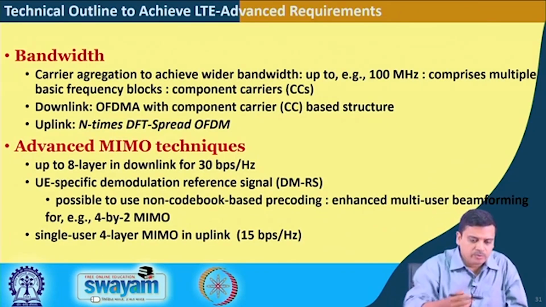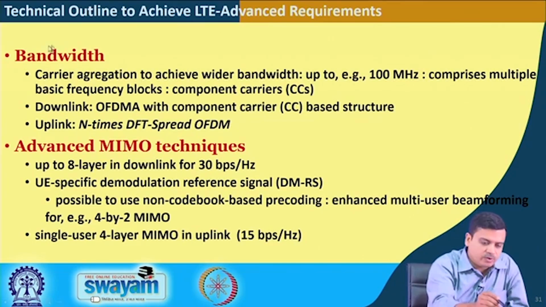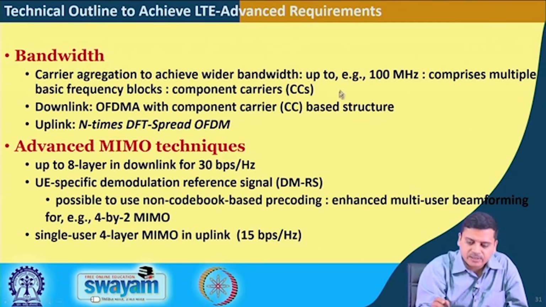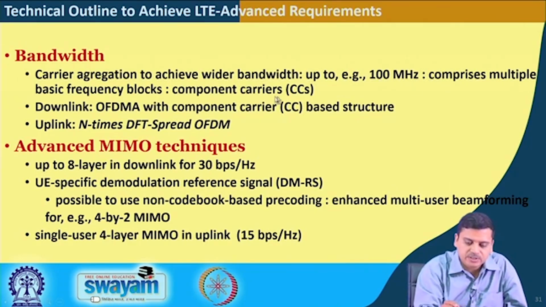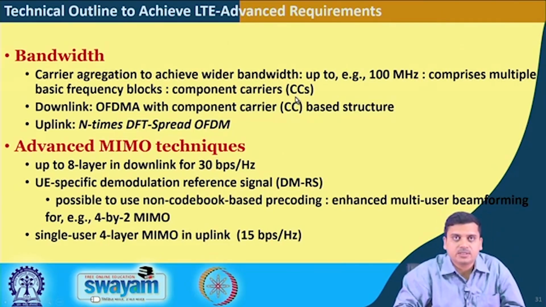Now we look forward to the technical outline to achieve the LTE Advanced requirements. In terms of bandwidth, up to 100 megahertz, which comprises multiple basic frequency blocks or component carriers, can be used. This is an enhancement.